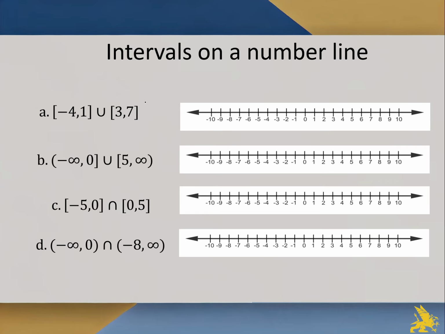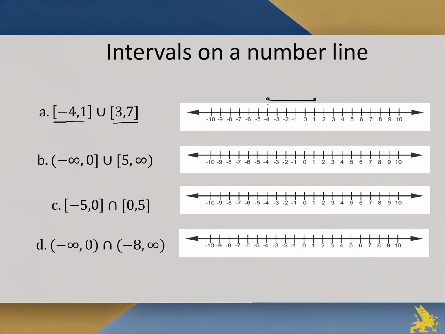So first thing, we're going to have 2 parts here. So I'm going to be looking at both of those. The first part says -4 and 1. So to help me out, I'm just going to draw it. -4 is here, 1 is over here, and I'm going to draw that line over to it.